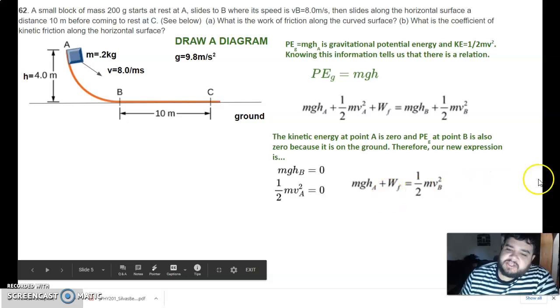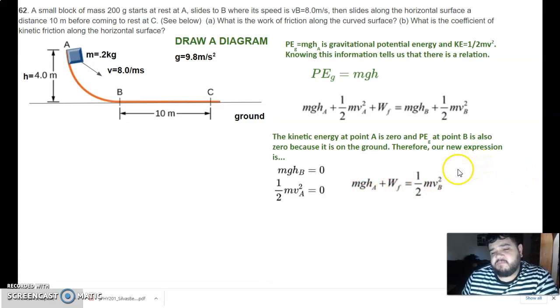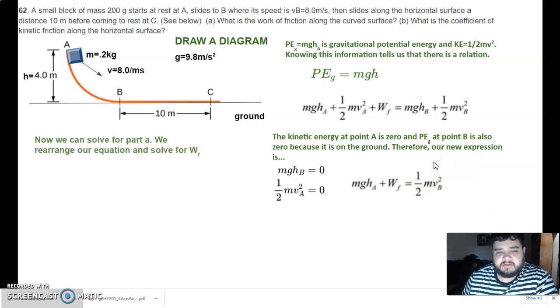So mgh plus the work due to friction is equal to 1/2 mv squared at point B.